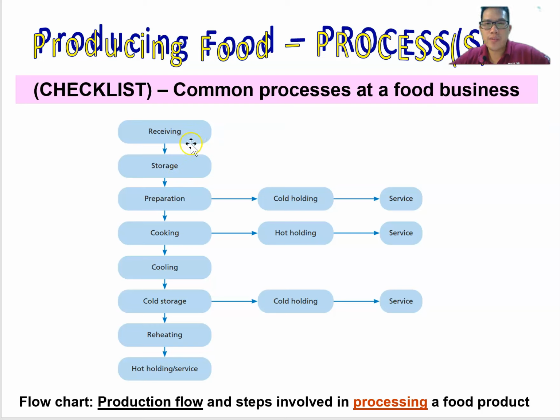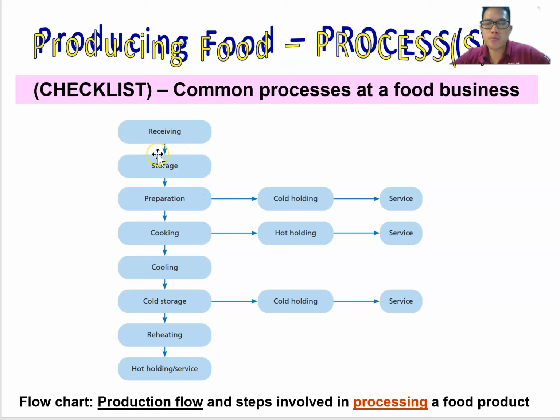Check whether there is any dent in the canned food. Check whether there is any visible breakage of the packaging. Then you need to quickly store it properly. You can store it in the freezer, in the fridge, or in the dry storage area.